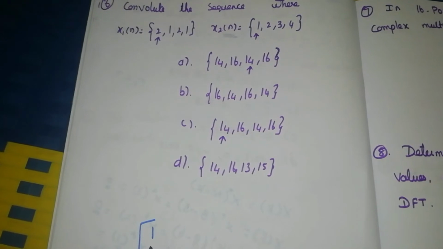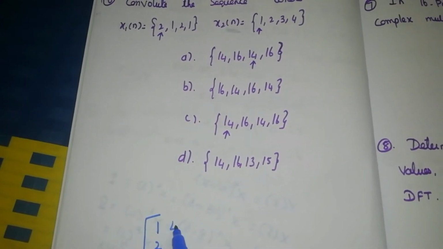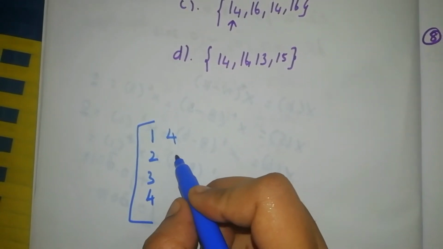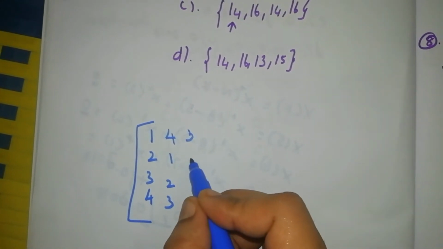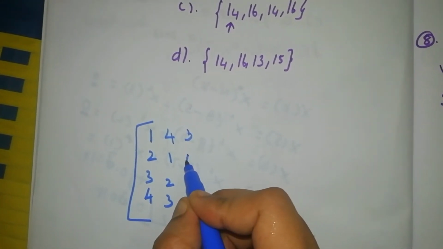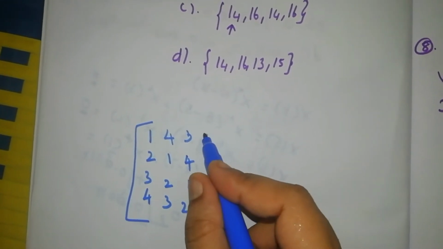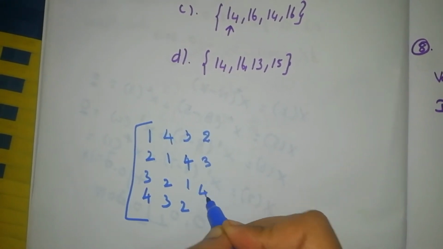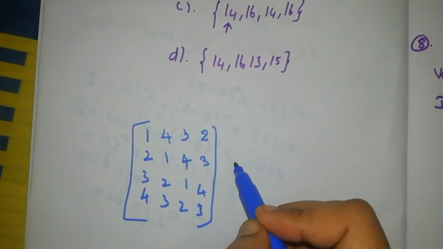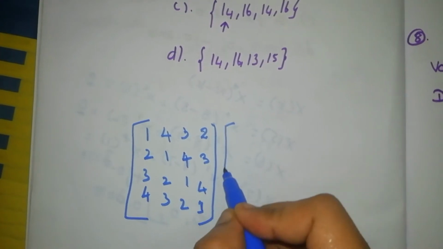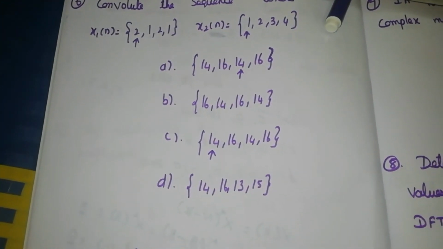So first we write the first column same as its sequence 1 2 3 4, then 4 1 2 3, then 3 4 1 2, then 2 3 4 1. So this is the shifted sequence of x2 of n, and x1 of n is the same, 2 1 2 1.